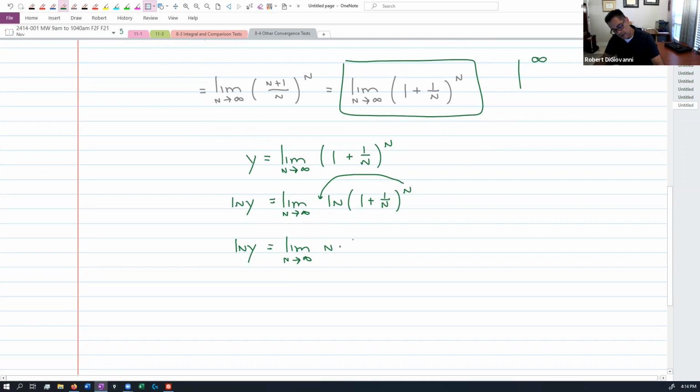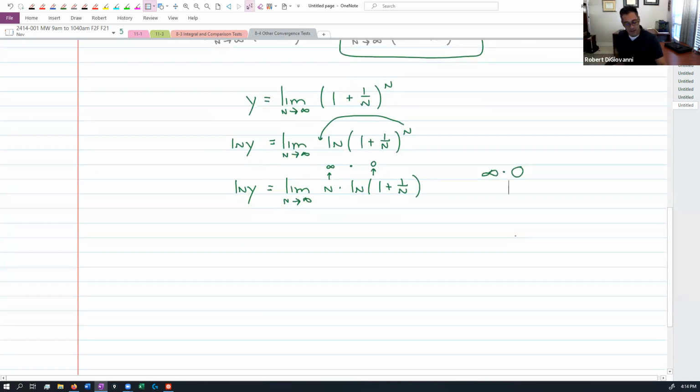So n comes down here, times the natural log of 1 plus 1 over n. Now when you look at this, n goes to infinity, and when you plug infinity in here, you get 1 over infinity, which goes to 0. 1 plus 0 is 1, and the natural log of 1 is 0. So this now looks like infinity times 0, which again is a problem that you cover in Cal 1.